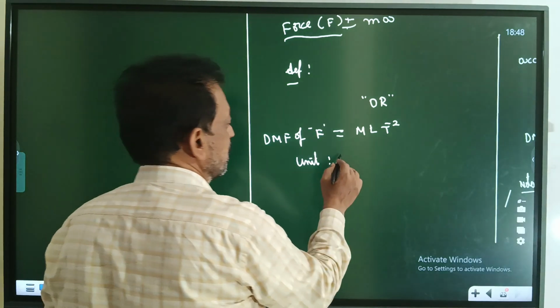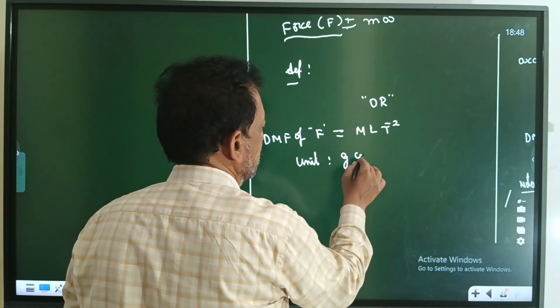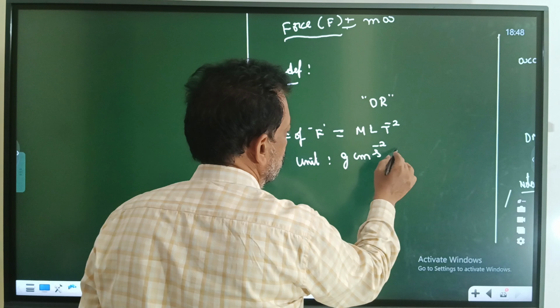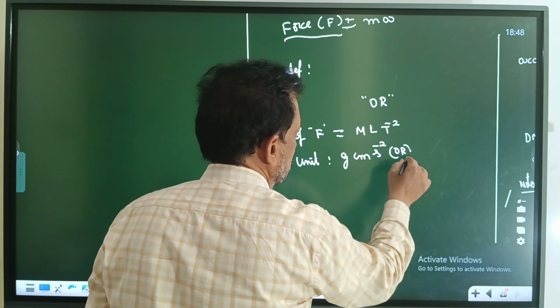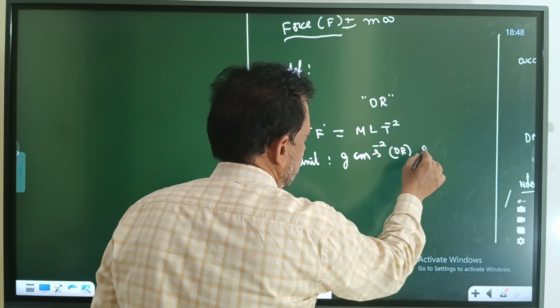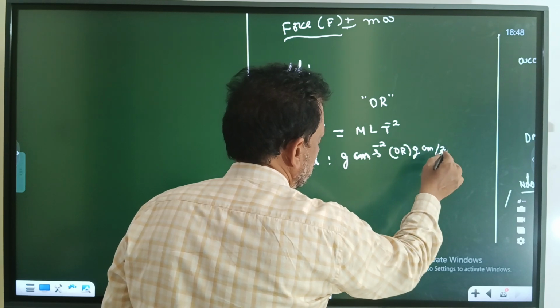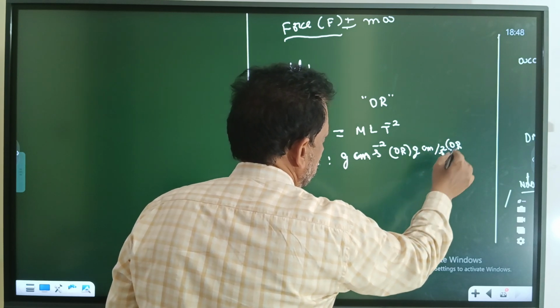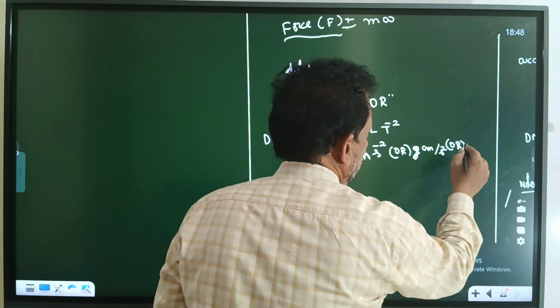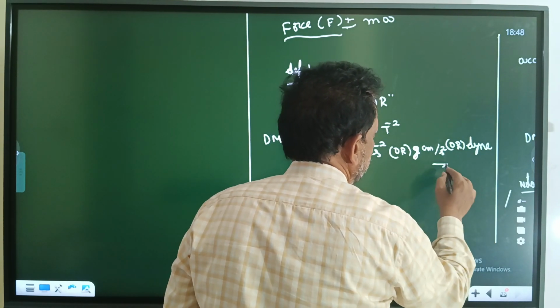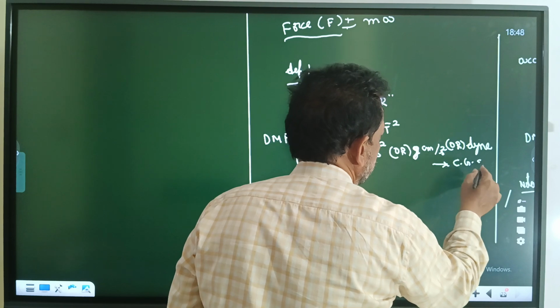The basic unit is gram centimeter second raised to minus 2, or gram centimeter per second square, or dyne, in the CGS system.